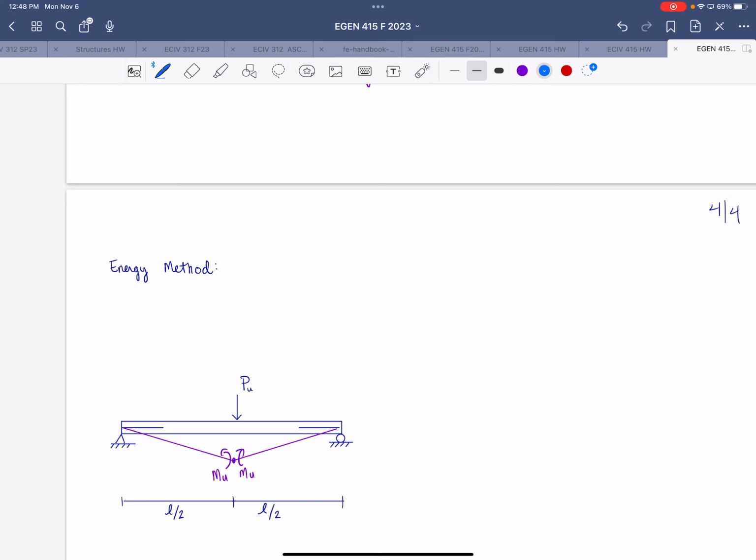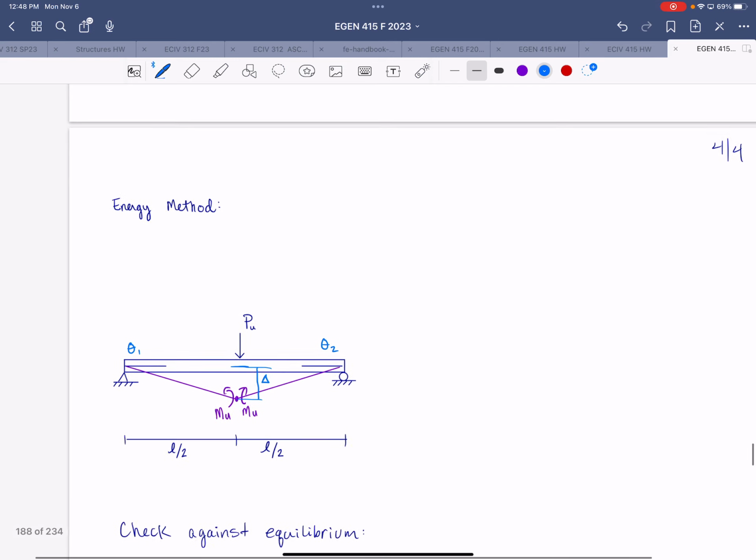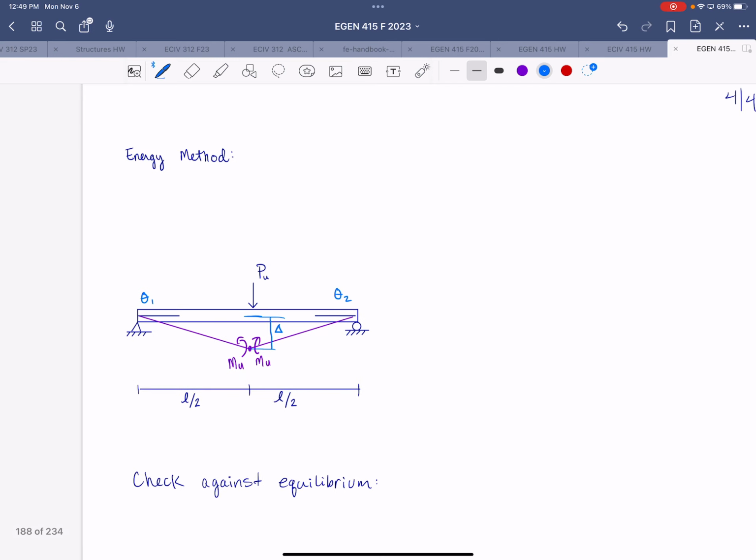That vertical distance at that location, I'm going to call that delta. And the angles at each support, we'll call that theta 1 and theta 2. Now, for this configuration, since the load is at the center, we know that the two angles will be the same.